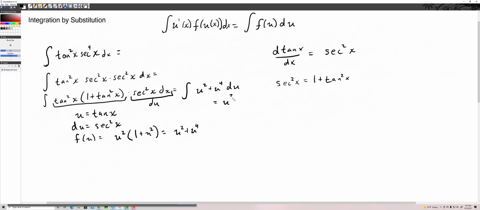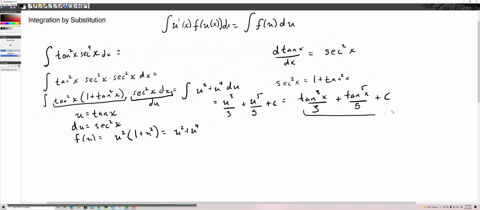That's just u cubed over 3 plus u to the fifth over 5 plus c. Now I'm going to substitute back in tangent for u, and I have tangent cubed x over 3 plus tangent to the 5th x over 5 plus c. Simple as that.